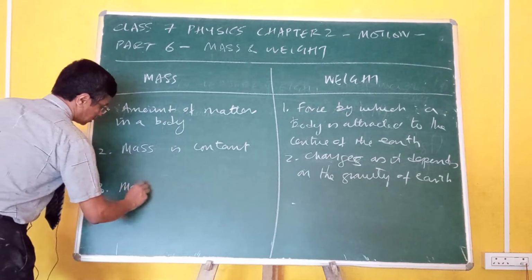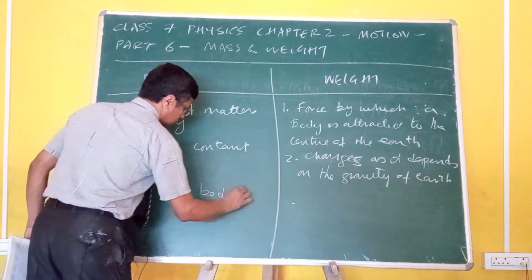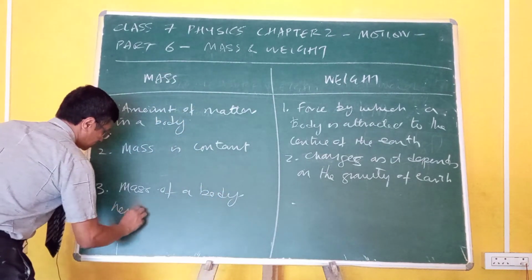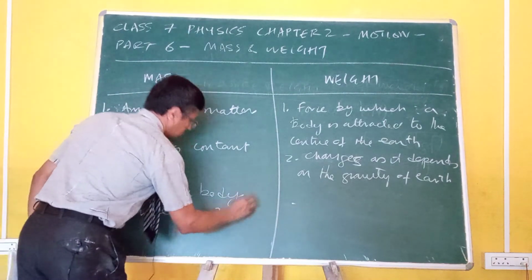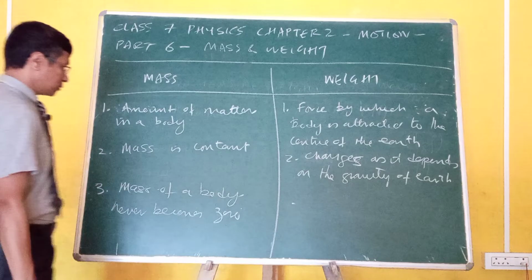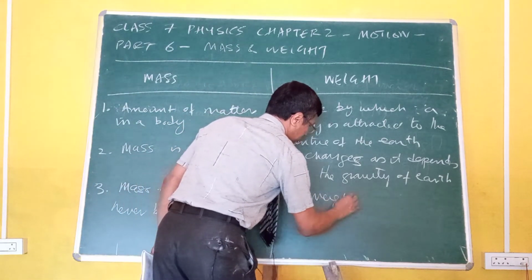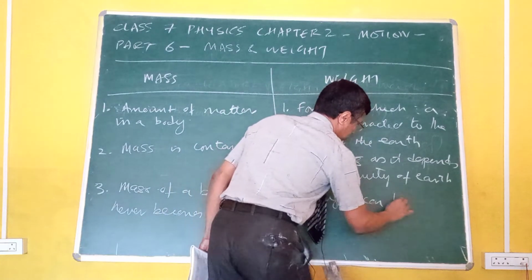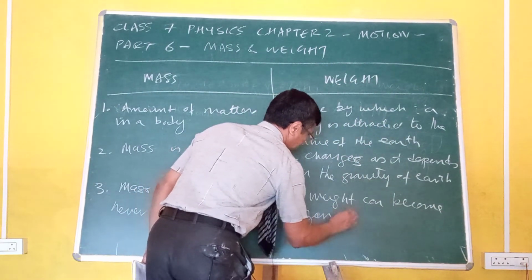So mass of a body never becomes zero. Mass can never become zero, whereas weight can become zero. Now where does the weight become zero?